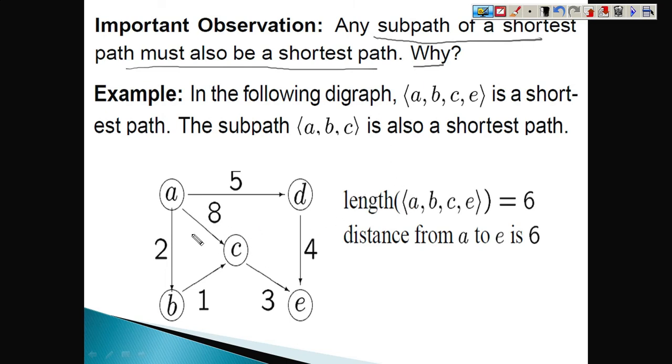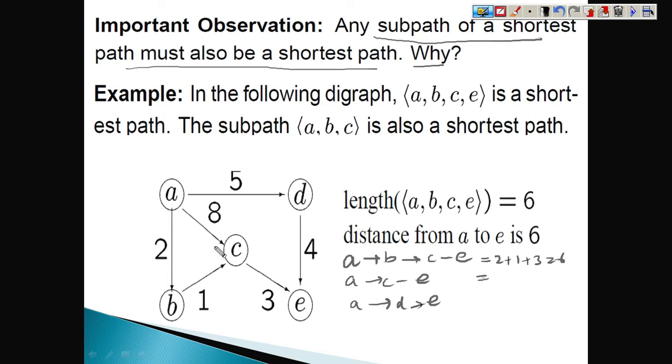Now, here the possible paths from A to E: one path is A to B to C to E. Another path is A to C to E. Another path is A to D to E. Let us write the cost of each. ABCE is 2 plus 1 plus 3, that is 6.